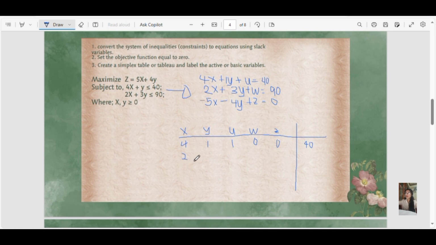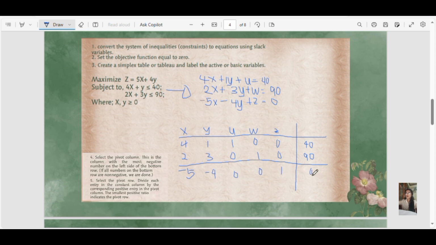Then the second is 2x and 3y, and there's no u and z in the second constraint. Next is -5, then -4, and u is 0, w is 0, and z is 1 and 0.